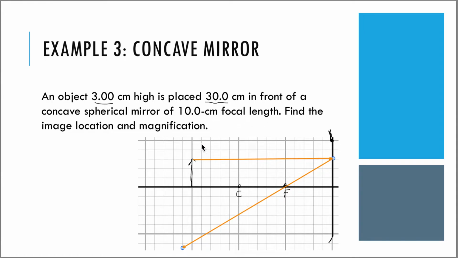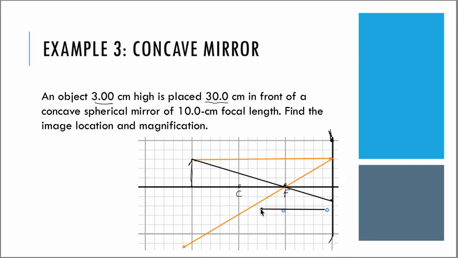The second ray is going to go down through that focal point, so it always starts at the tip of the object here. It's going to go through the focal point, and as soon as it hits right here, then it's going to reflect parallel to the axis. So I'm going to draw that right there.